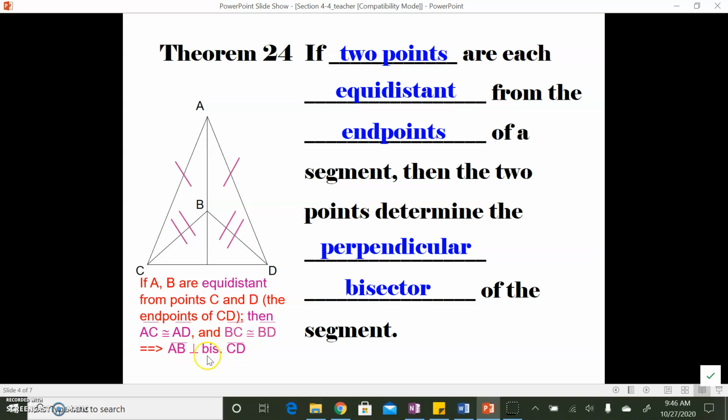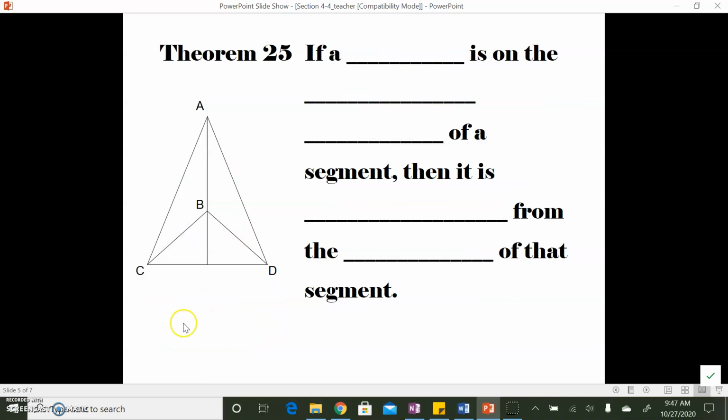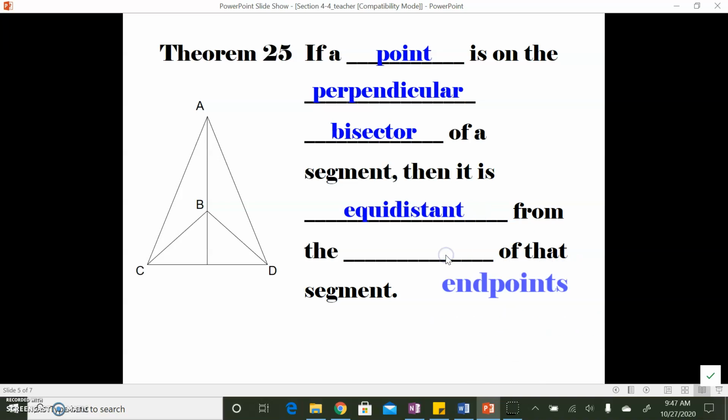When we're stating the perpendicular bisector, we want to make sure we state what is the bisector and what is being bisected. That's theorem 24. Theorem 25 is very similar, but now it says if a point is on the perpendicular bisector, so now I would have to be given a perpendicular bisector, my conclusion is that it is equidistant from the endpoints of that segment.